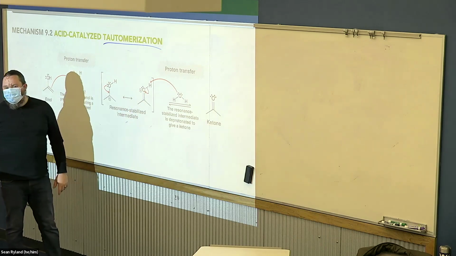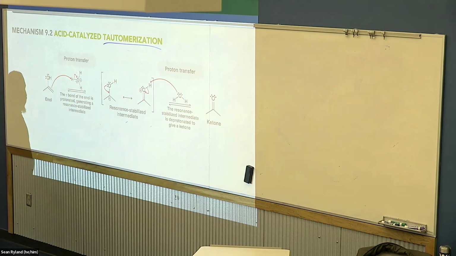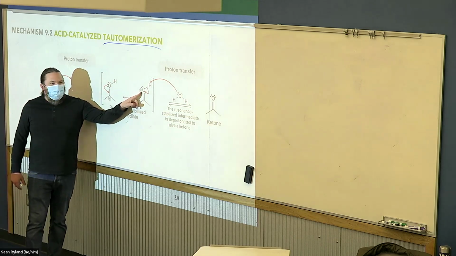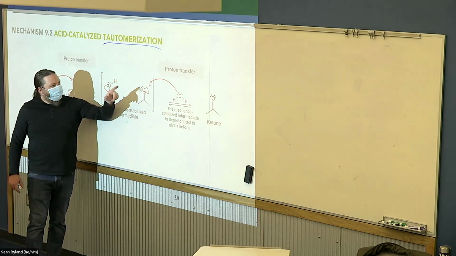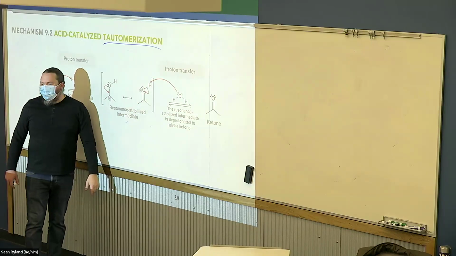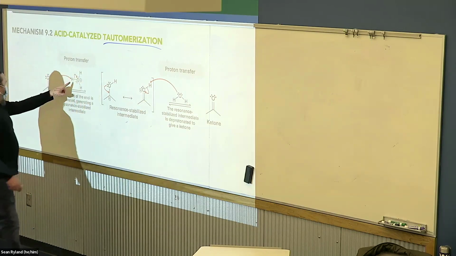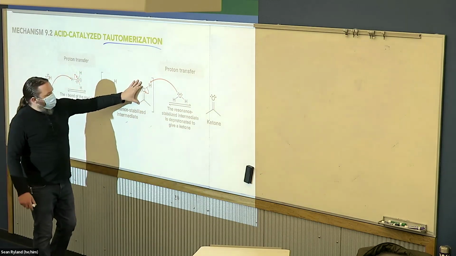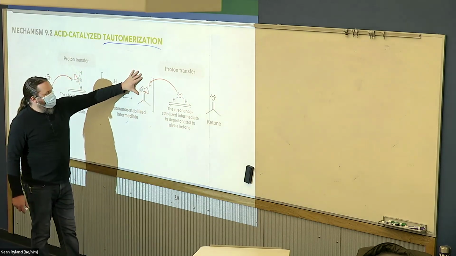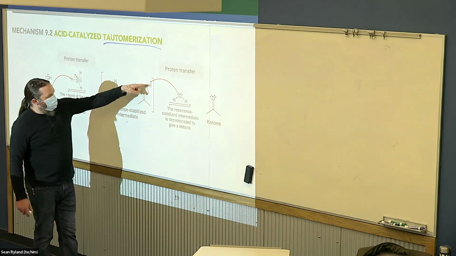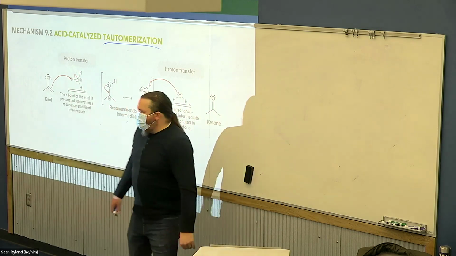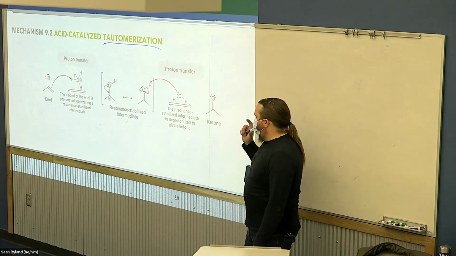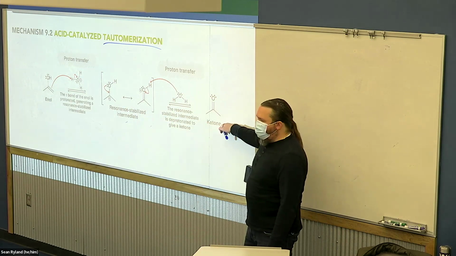But now the oxygen has 3 bonds and a positive charge, and we can do better. At least everything's got a full valence. But it just means that this hydrogen is a really good leaving group. So proton transfer to protonate the pi bond makes a resonance structure where we've got a protonated carbonyl, and then we just kick off the proton. So basically, an enol will almost always rearrange itself to be a carbonyl.